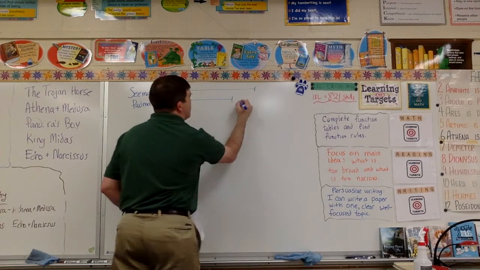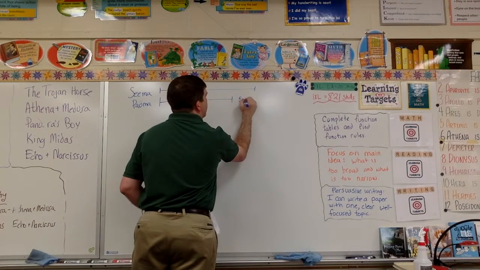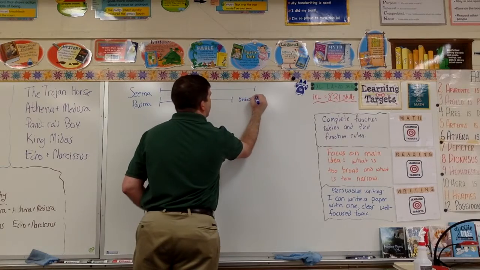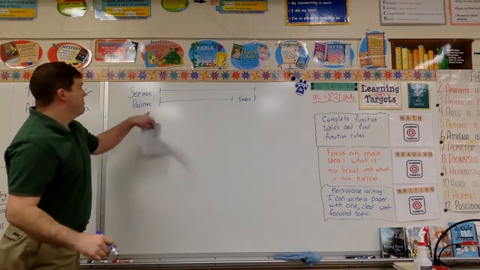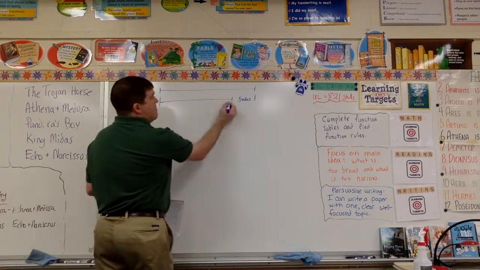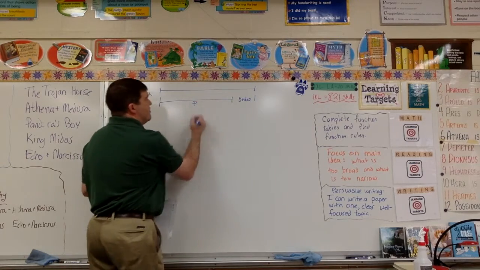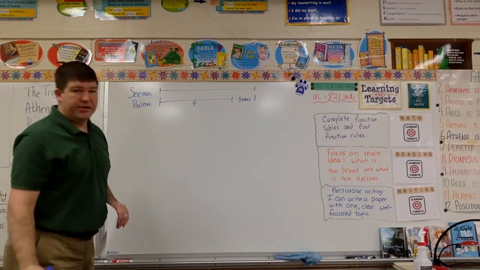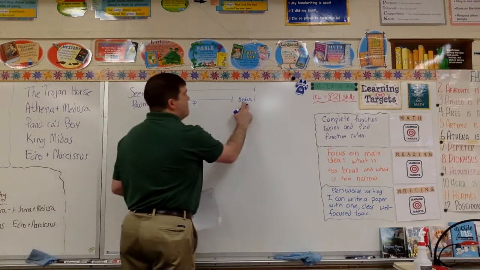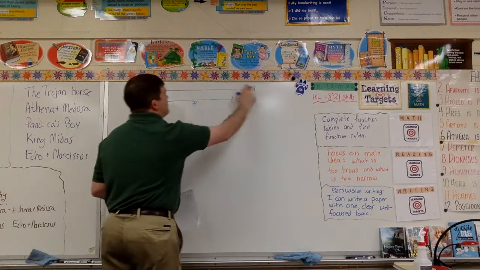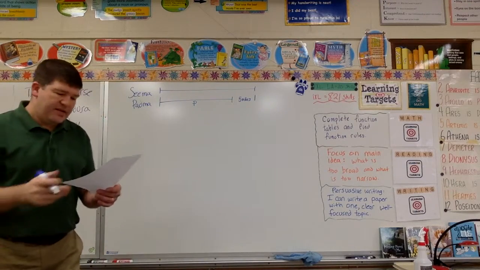Padma only runs this amount, which I don't know. We'll call that P, what she runs. Now, if I add the 5 miles, that gets me to the total of what Seema runs. So let's see.